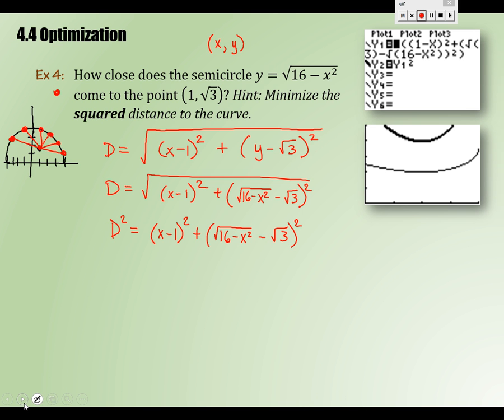This is this graph right here. You see it? The second thing I graphed is this function squared, which is this one up here, and it's certainly true that these will have the same minimum value.